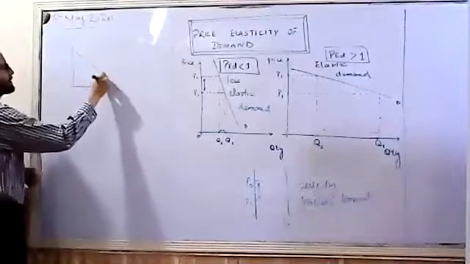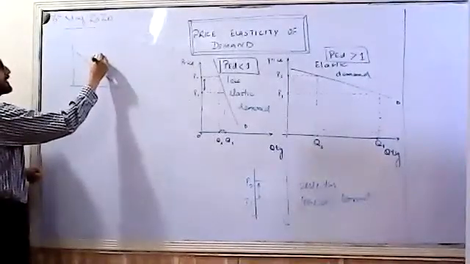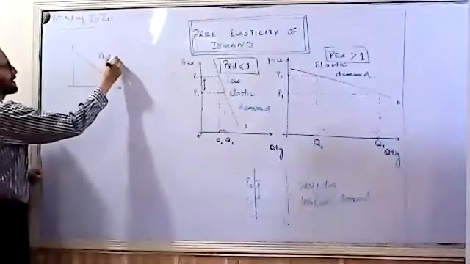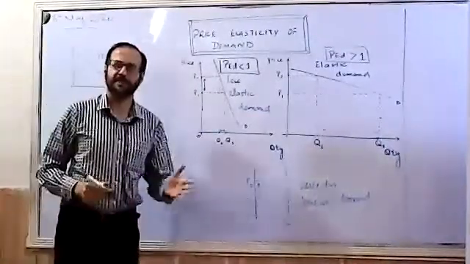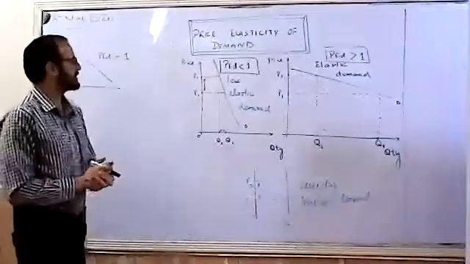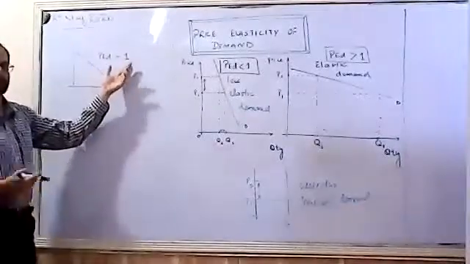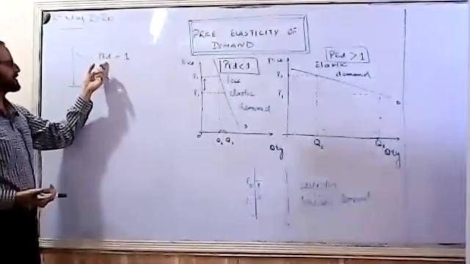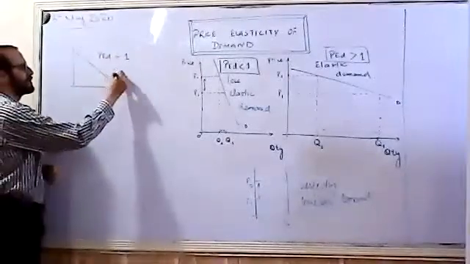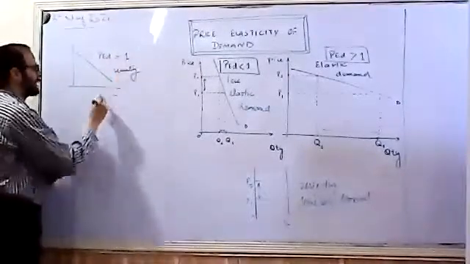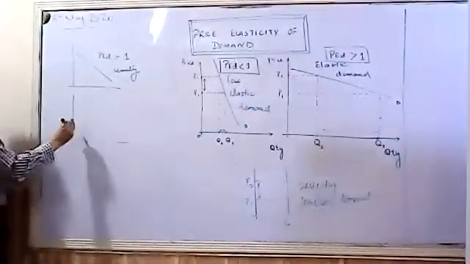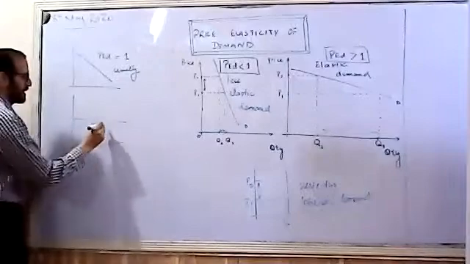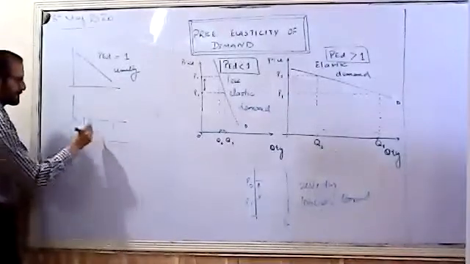The unitary elastic demand curve is considered to be equal to 1. While calculating with any table, if the answer is 1, or let's say -1, the price elasticity of demand is going to be known as unitary. Now, sometimes if the price elasticity, what about this curve?